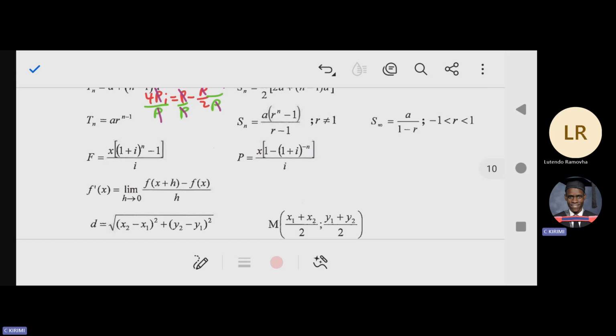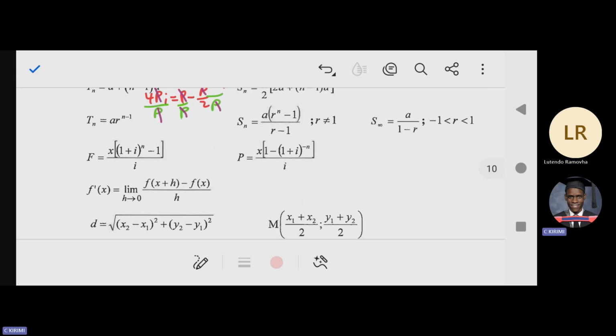The n is positive, yes. And also subtracting 1, isn't it? Subtracting 1, yes. But on the present value, we are subtracting from 1 the (1 + i) all to the power of negative n. Yes. And in the present value, the n is negative. The number of years is negative.